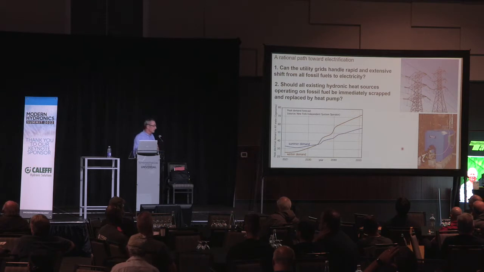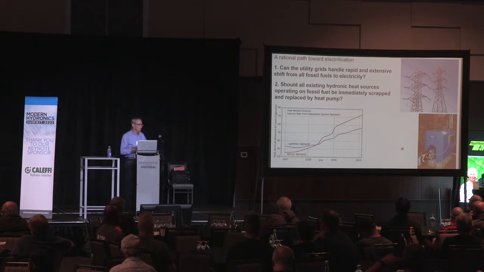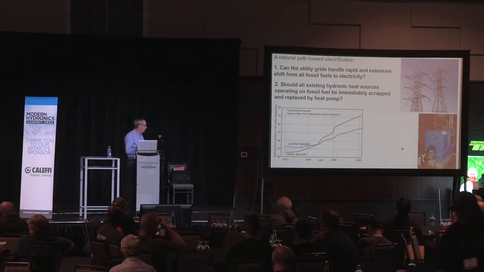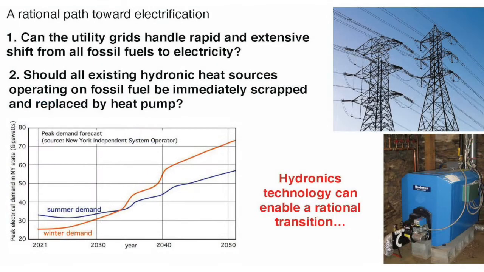Again, I'm from New York State. For years, New York State has been a summer peaking utility situation. Basically, air conditioning down by the city is a huge megawatt-type load. But predictions are that with the growth of heat pumps, the New York State electric system as a whole will shift to a winter peaking utility in about 10 years.